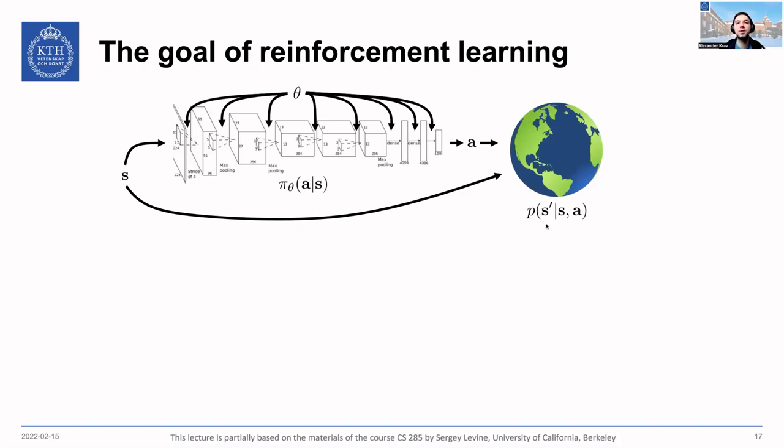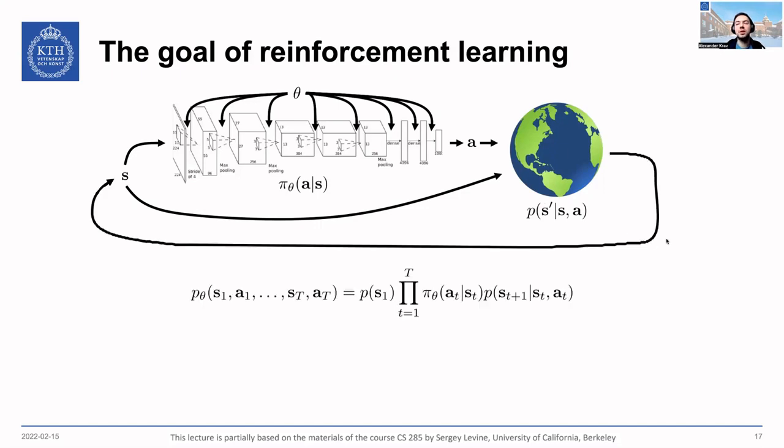By feeding states into the policy, getting an action from it, applying this action, and getting a new state s prime, we will again be closing the loop by feeding the new state into the system and iterating over and over. And somewhere in this loop, we'll be having learning, and we'll talk about that later.